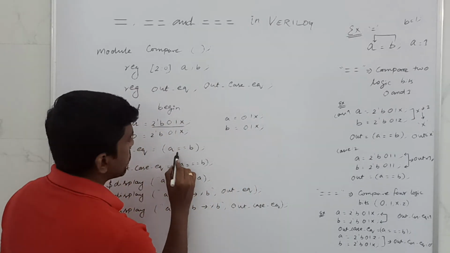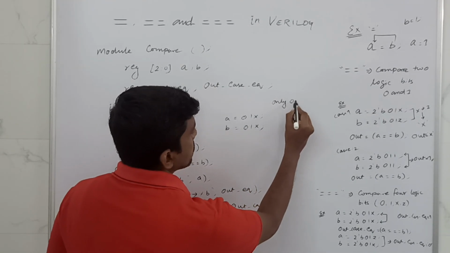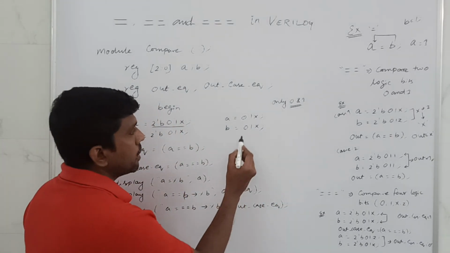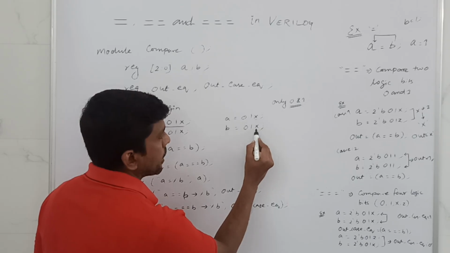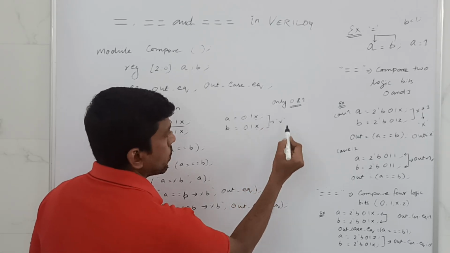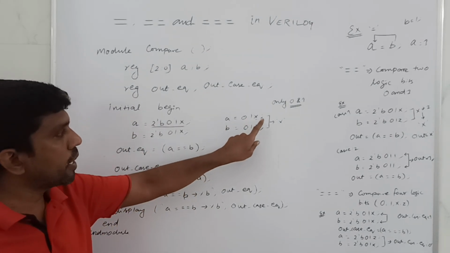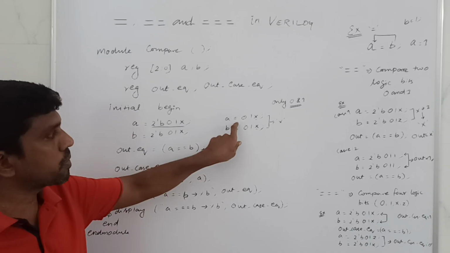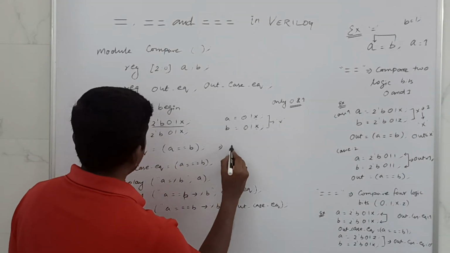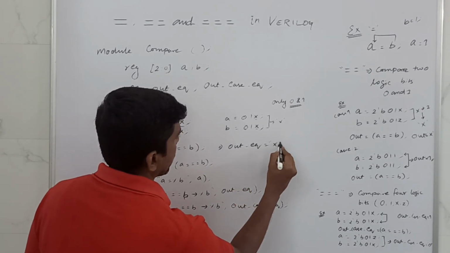As I already told, double equal compares only 0 and 1. But in this case we have don't care. If don't care is present, the final result is don't care. So only zeros and ones are compared. If any other bits like don't care or z are present in this expression, the final result is don't care. So here the result is out_equal = don't care.